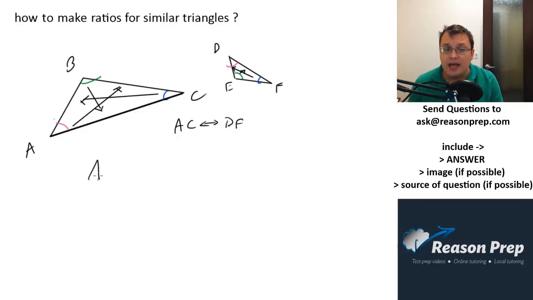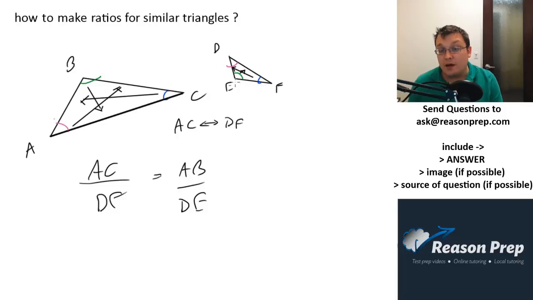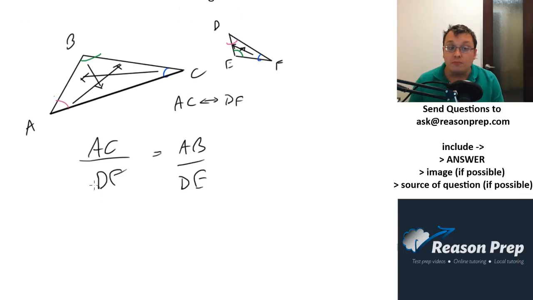So you could do AC is to DF as AB is to DE, or BC is to EF. Or you could mix the triangles together.